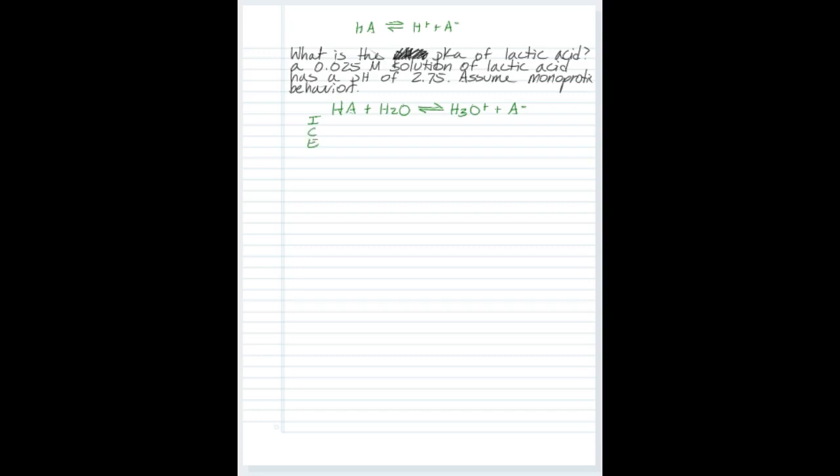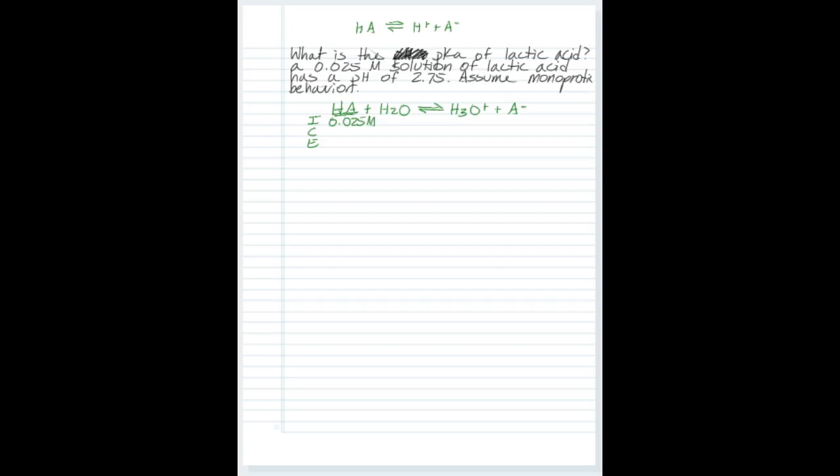We are told that we have a 0.025 molar solution of lactic acid. That means that if we were to make this solution, we would weigh out enough moles of this pure HA to put in enough water to make this molarity of solution. So we can think about this 0.025 as the initial concentration of our HA.